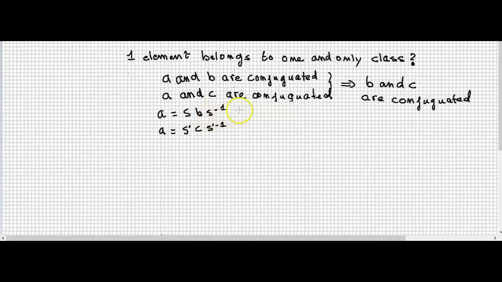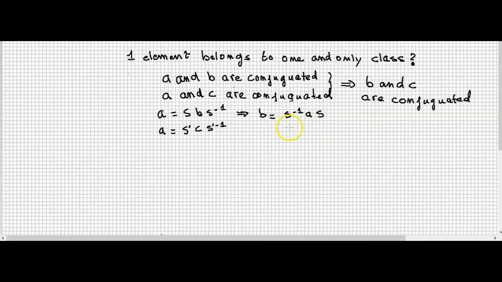Now I will express B as a function of A by multiplying on the left by S minus 1 and on the right by S. So I get that B is equal to S minus 1 A S.